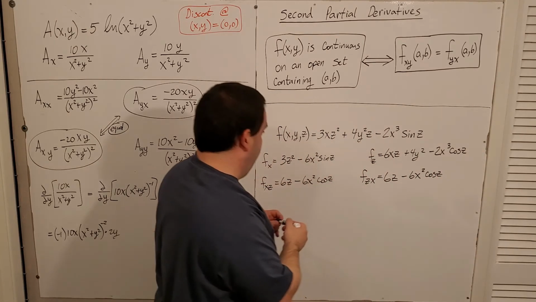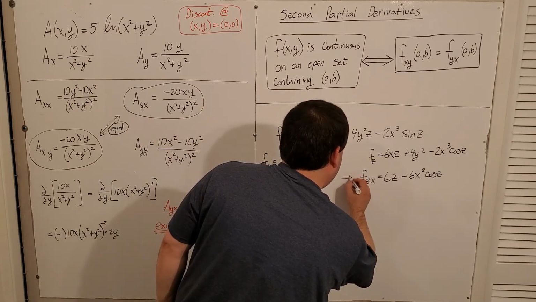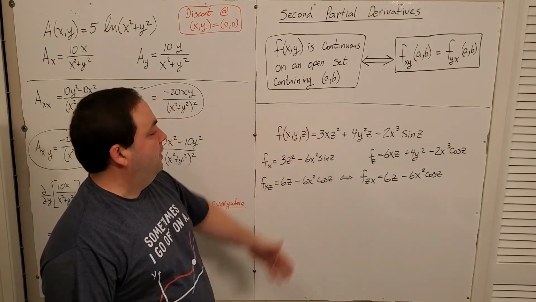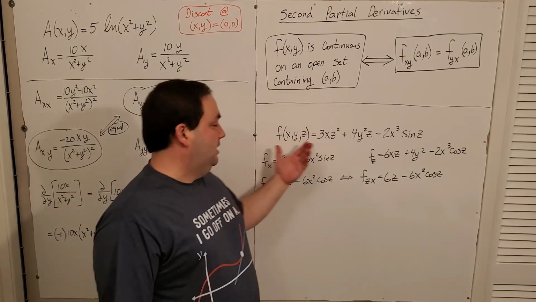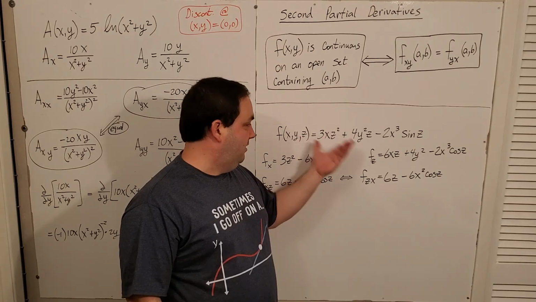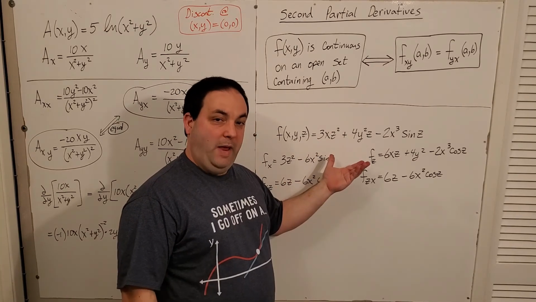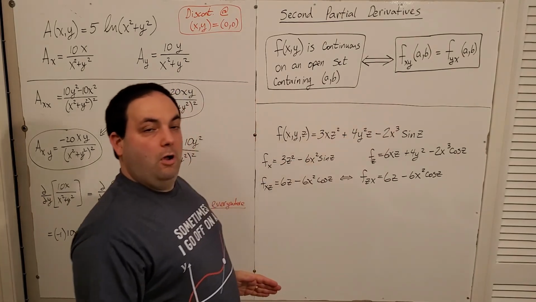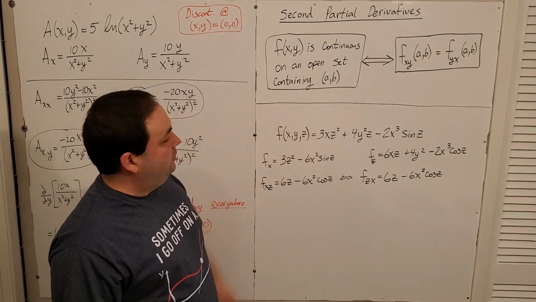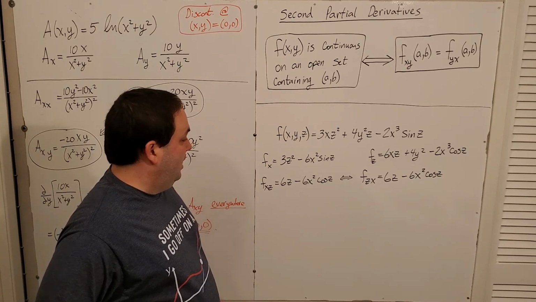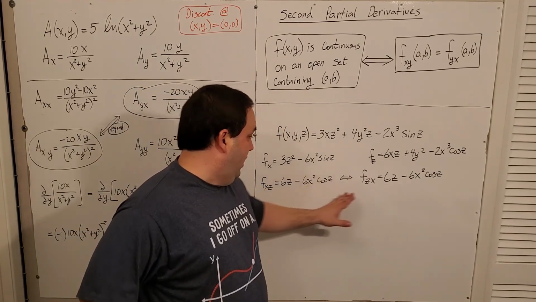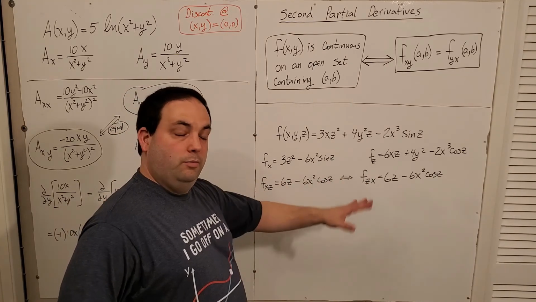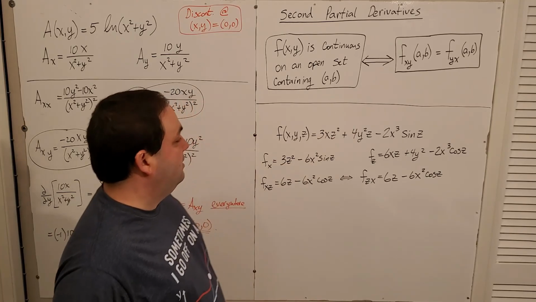So what you'll notice is these two are equal. Yet again, and from the original function, you'll notice it's continuous everywhere. It's defined everywhere in 3 space. Every point in 3 space works for all of these functions. There are no discontinuities in this function. And you'll notice these two are equal and work everywhere. They're completely equal everywhere, completely continuous everywhere.